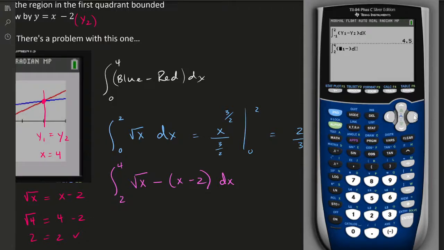Let's try that again. And there we go. Alpha trace y2 dx. So I get this decimal, and then I'm going to add to it. Let's go ahead and double check that integral from 0 to 2. This one's just y1. So alpha trace y1 dx.